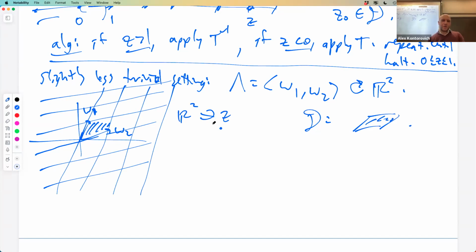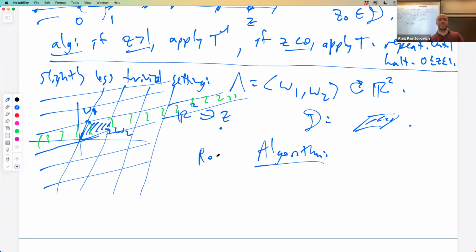And then what can I do? Well, if I'm not inside this cylinder, what's the algorithm? This is like a reduction algorithm, you could say.